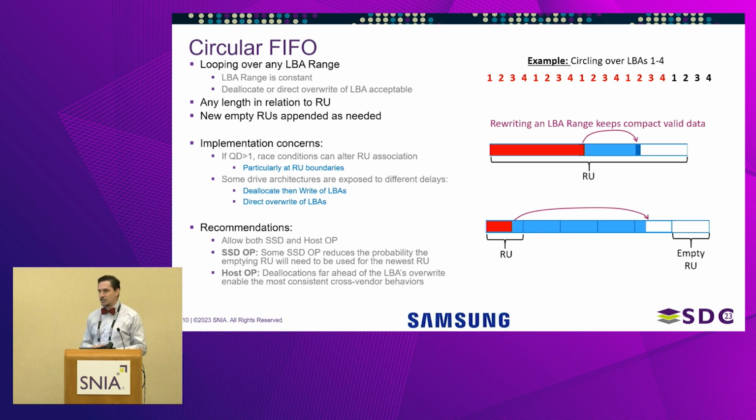It should be an advantage to deallocate when you're able to send that deallocate early to the drive. Circling back, this recommends again some SSD over-provisioning or some host OP, which was called utilization in the last presentation, and it's for the same reasons that we've already been mentioning.